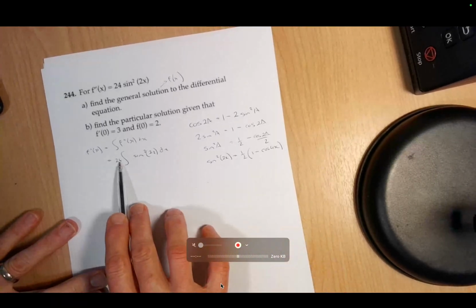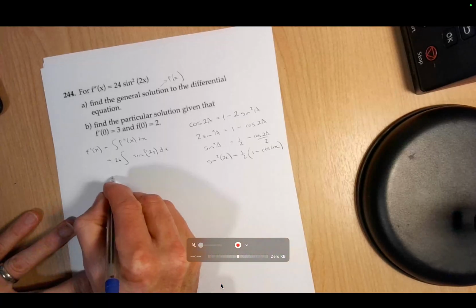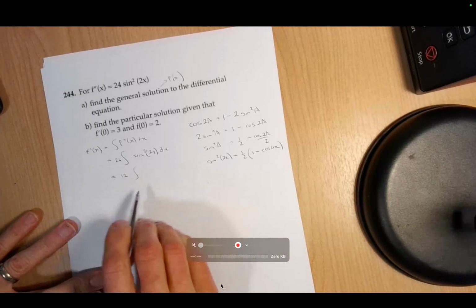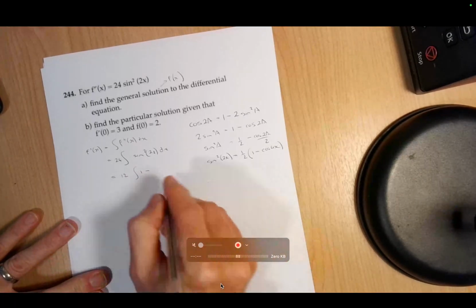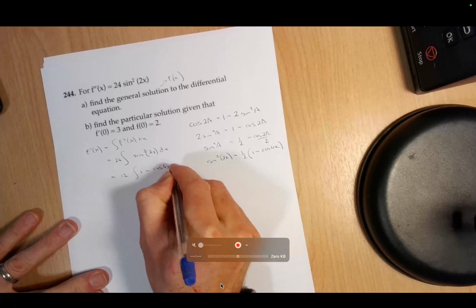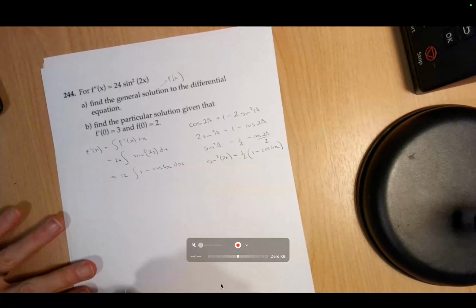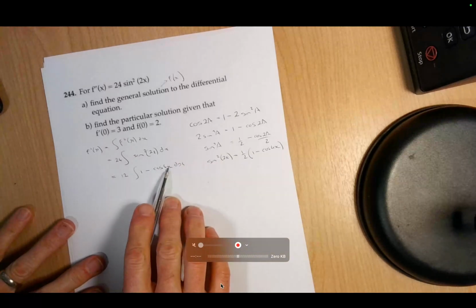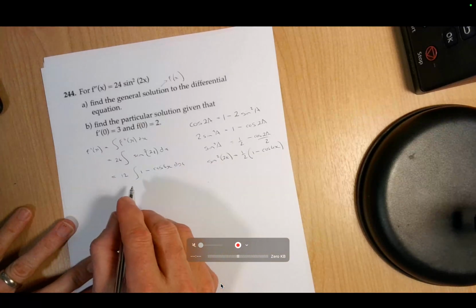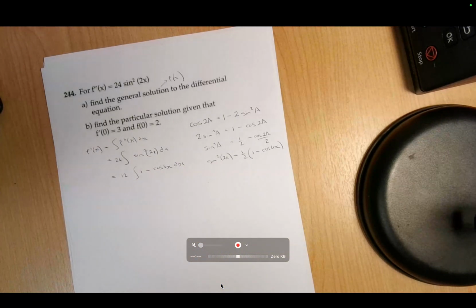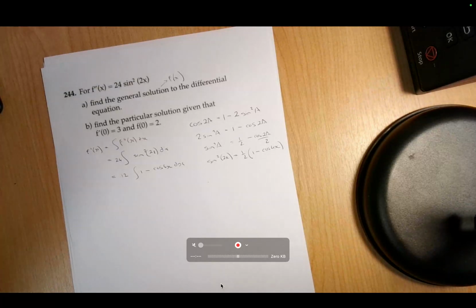And the half and the 24 can be rewritten as 12, integrate 1 minus cos 4x with respect to dx here.